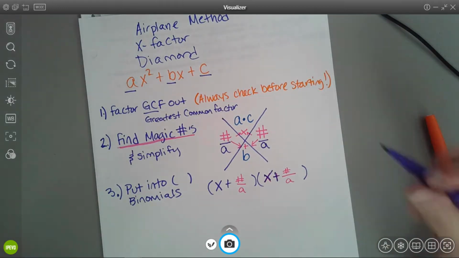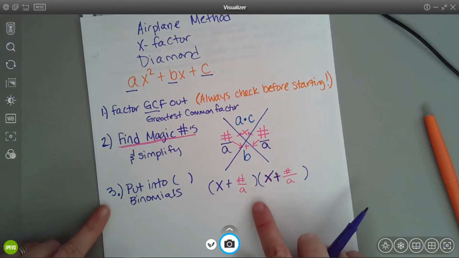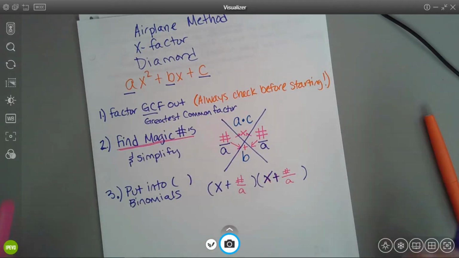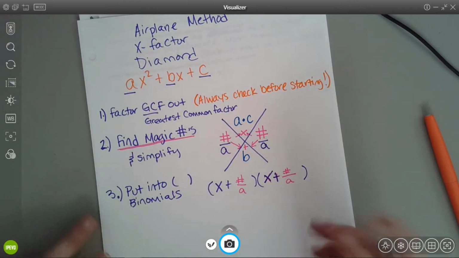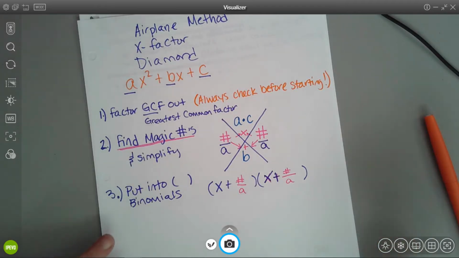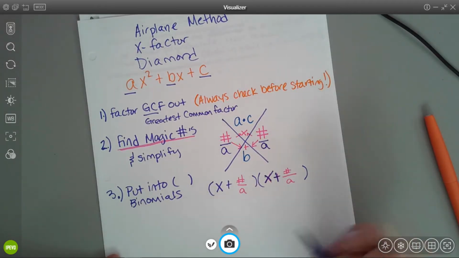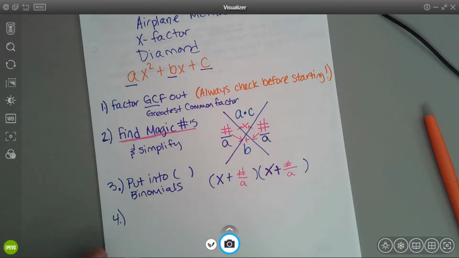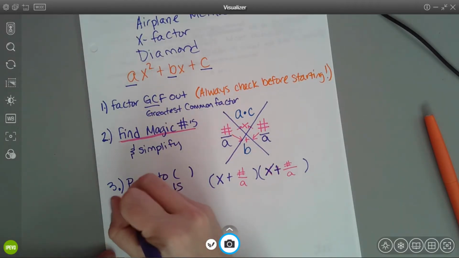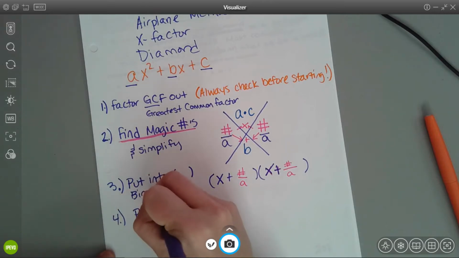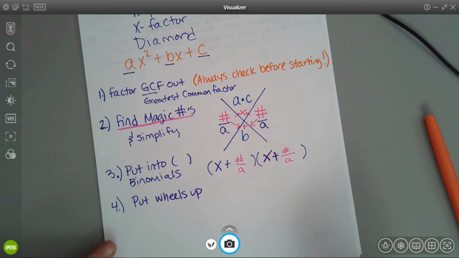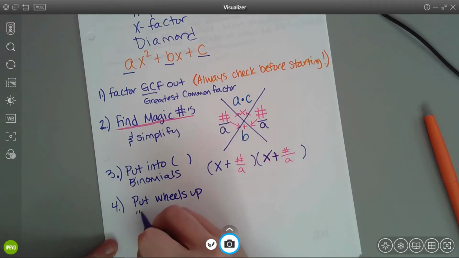Now, here's the thing. We don't fly with our wheels down. Our wheels, that's our A term here, get us down the runway. But once we take off, we have to put our wheels up. So step 4, we're going to put our wheels up. You may hear some of your teachers call this the divide and slide, bottoms up.